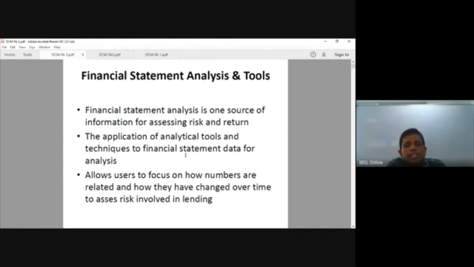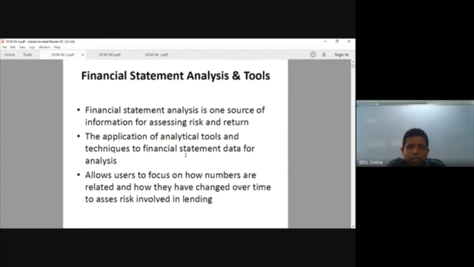Taking financial statement analysis and the tools that we use, we'll take it point by point. Financial statement analysis is one source of information for assessing risk and returns, right? Along with other tools, financial statement analysis is also a critical part of analyzing the risk and return of a particular client.